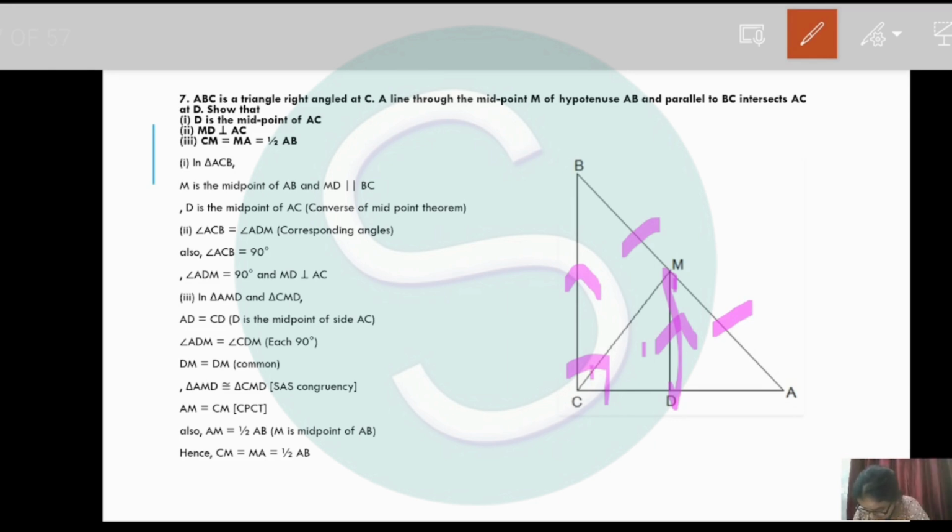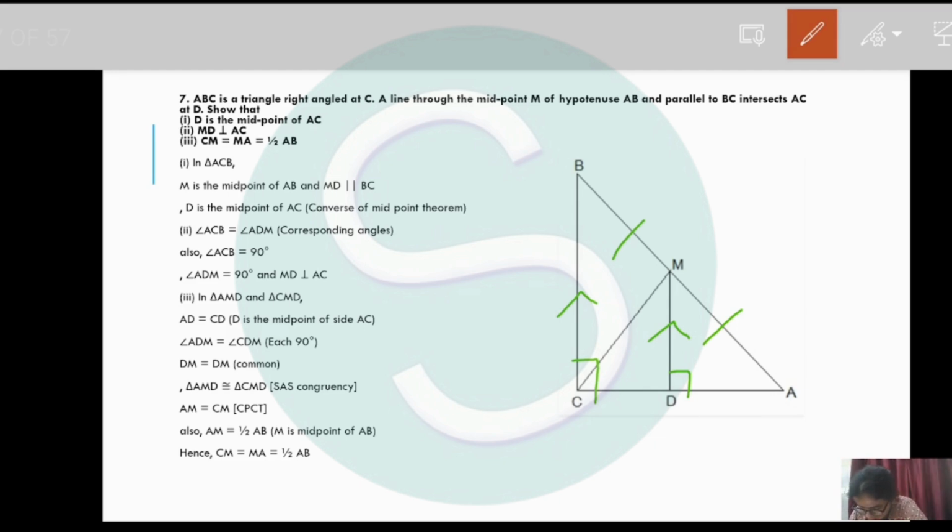Angle C is 90 degrees, so angle MDA is also 90 degrees, because corresponding angles are equal as MD is parallel to BC, and also AM is equal to BM.